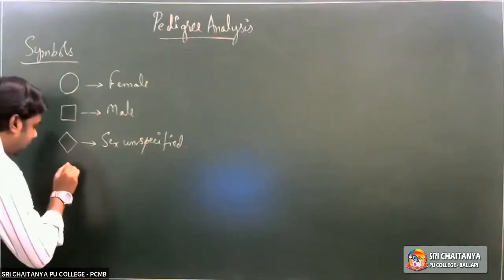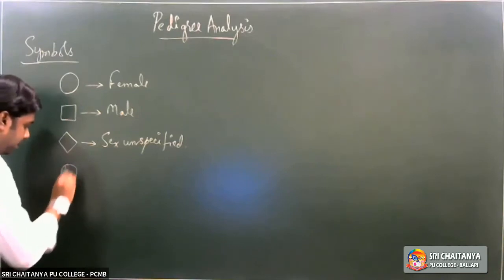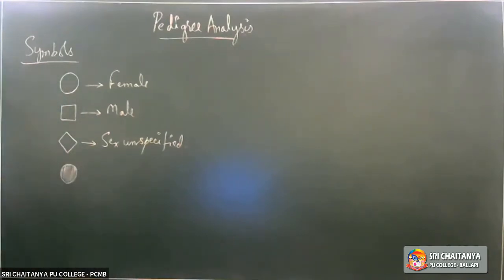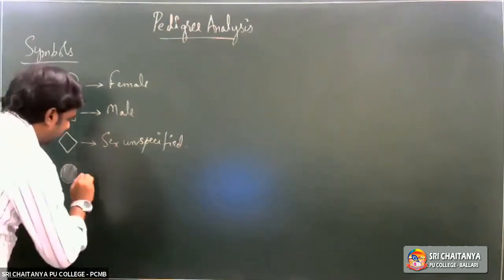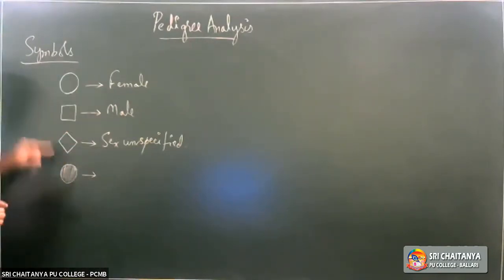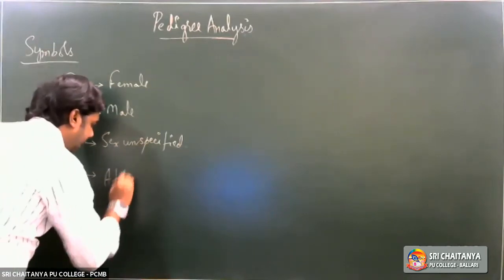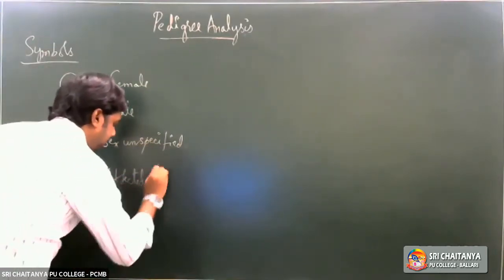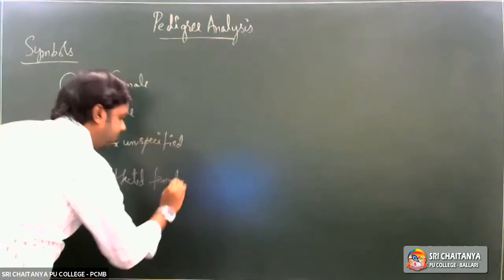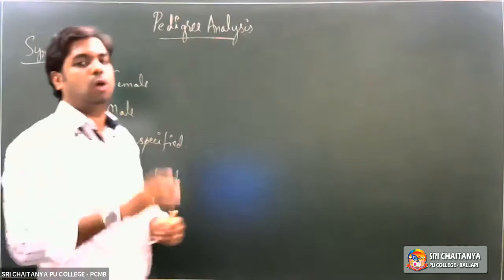Then we have another symbol, a circle that is completely colored, or we can call it a solid circle, right? Since it is a circle, it would be a female. Since it is solid or colored, we usually refer to it as an affected female. What does that mean? This particular female is suffering from some sort of a disorder.